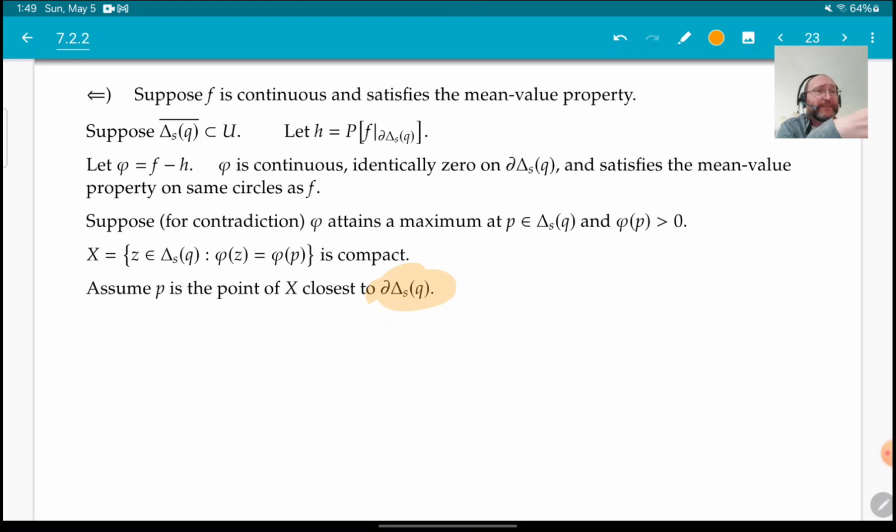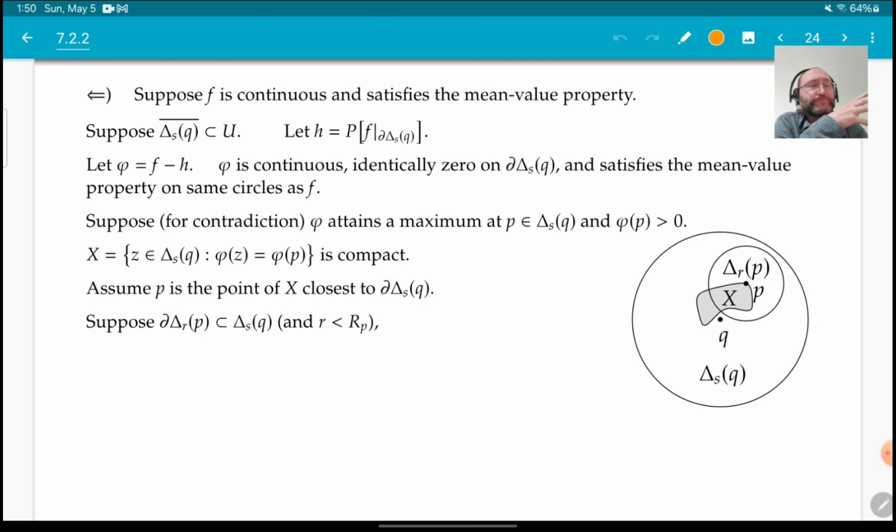It's a compact subset inside, doesn't contain any point of the boundary, so therefore, it's some positive distance away from the boundary, and so we can pick one that's closest to the boundary, and suppose we take this little circle around P.